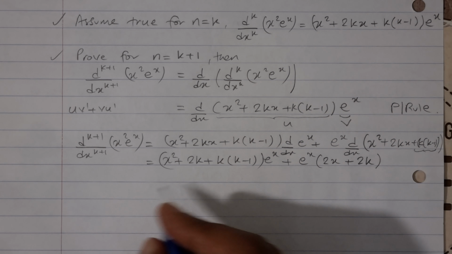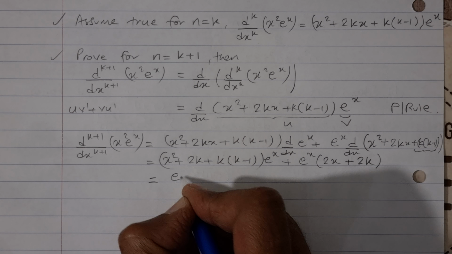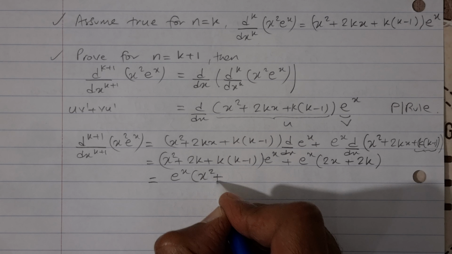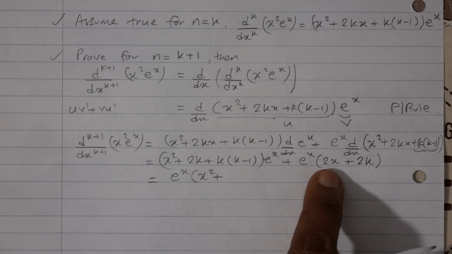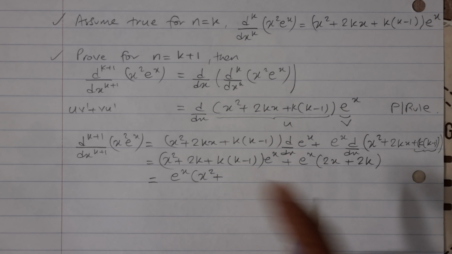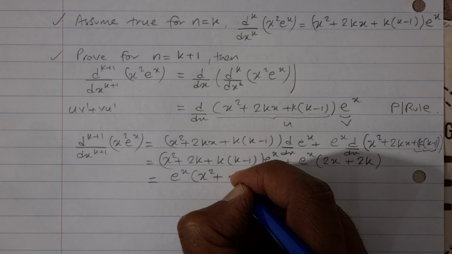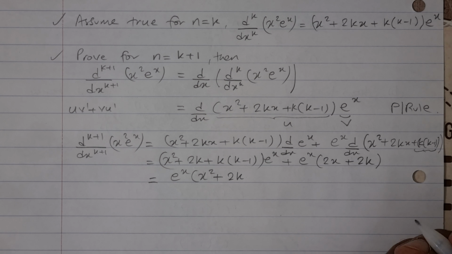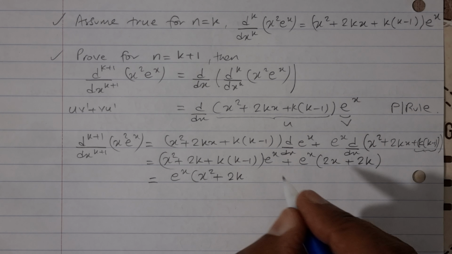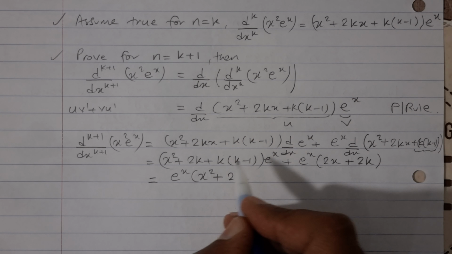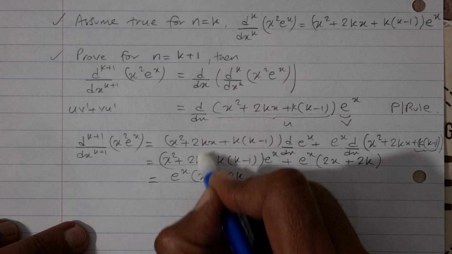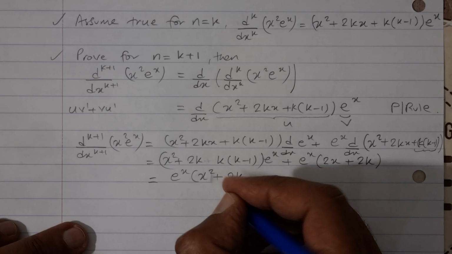The e to the x looks like it's common. So e to the x, and then I have inside x squared, plus 2kx, oh sorry, 2kx, because this is my u, that's not the derivative.